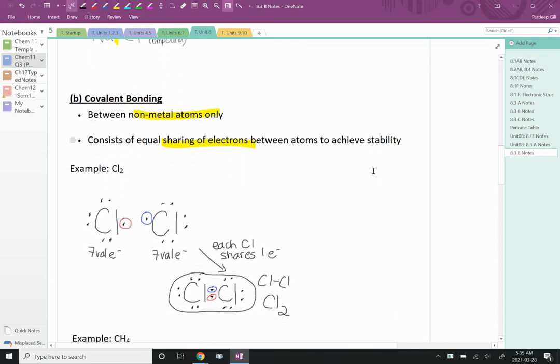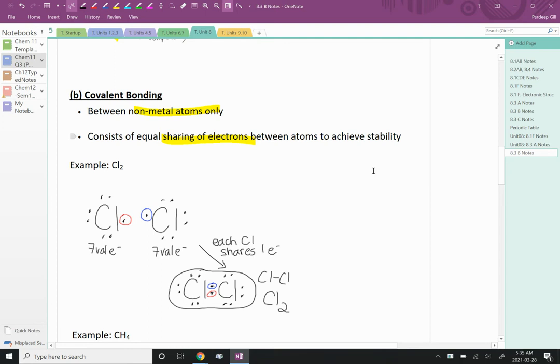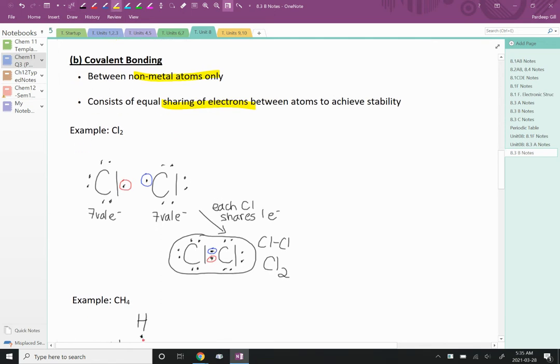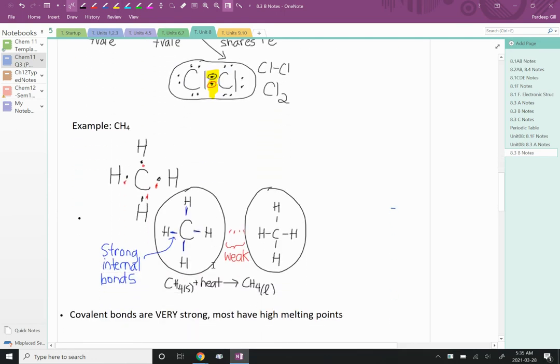When we say stable, we're talking about having that closed outer shell. Both chlorine atoms here need one electron to get 8 valence electrons in their outer shell, so they simply share. This region of space is your covalent bond, and we can also call it an intramolecular bond.